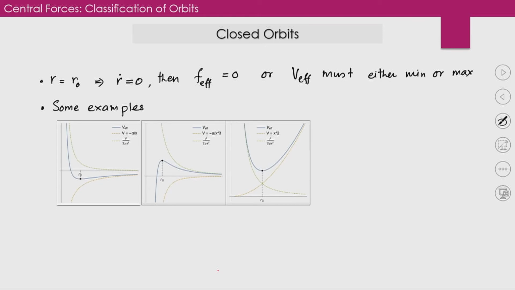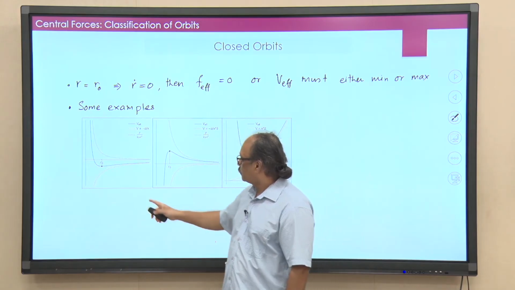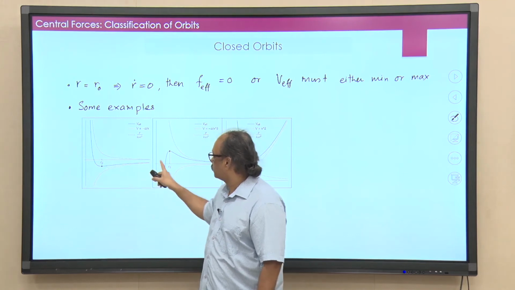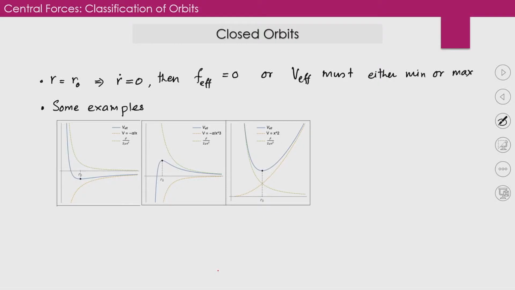Here are some examples. This one was our 1 over r potential, and you can see the green line here is the centrifugal one, the orange line is minus 1 over r. So, this is the attractive inverse square force, and at r naught you have a minimum. We also looked at the attractive inverse cube law.